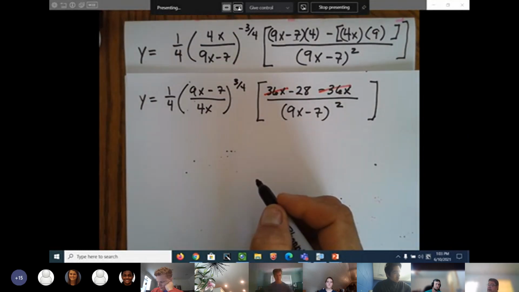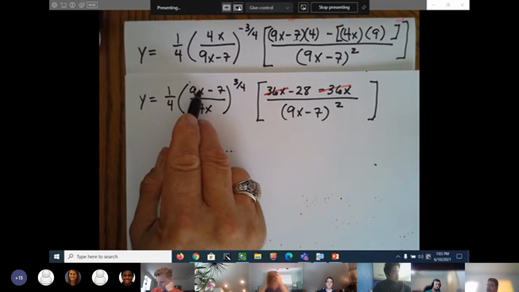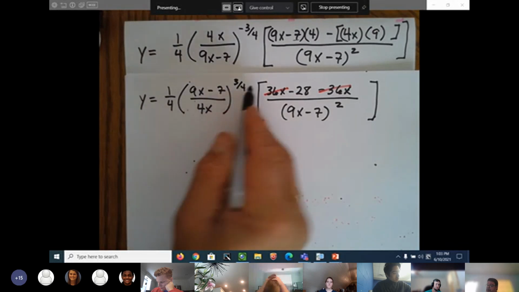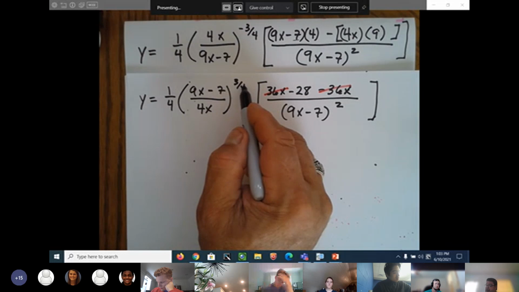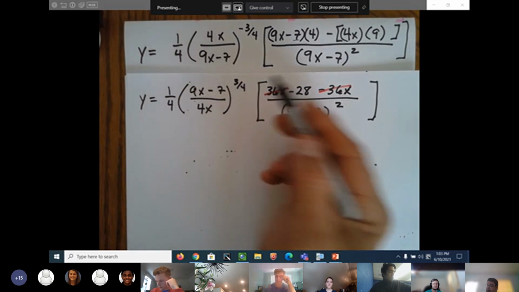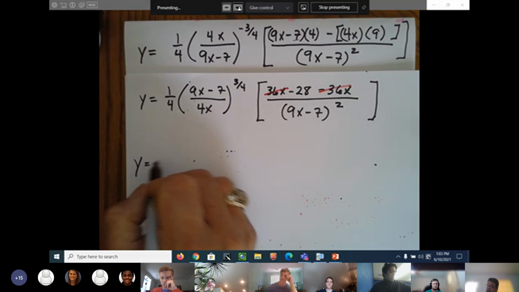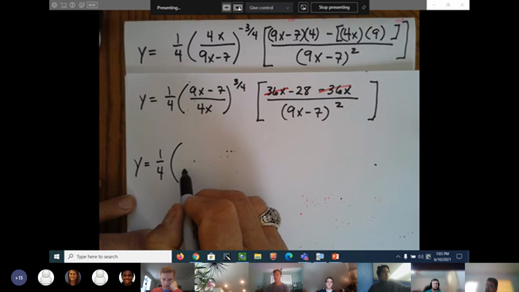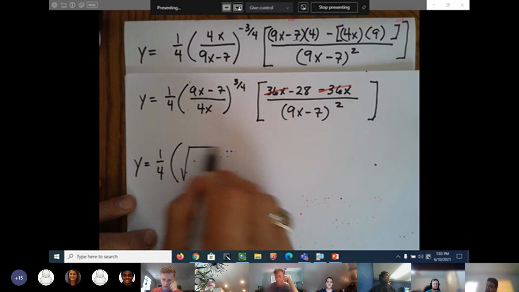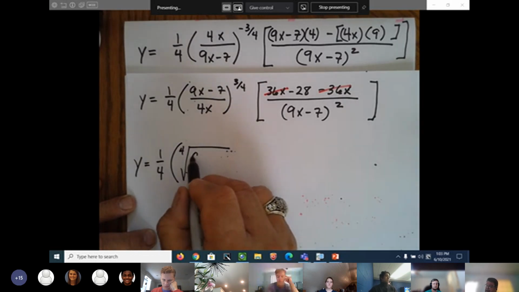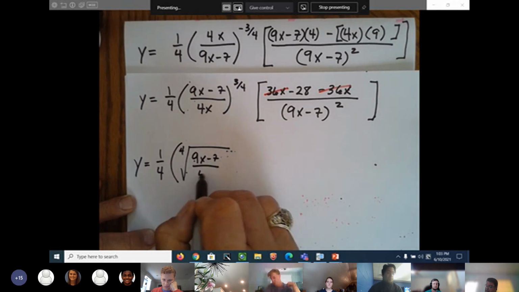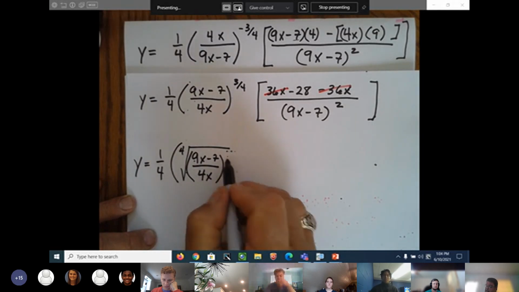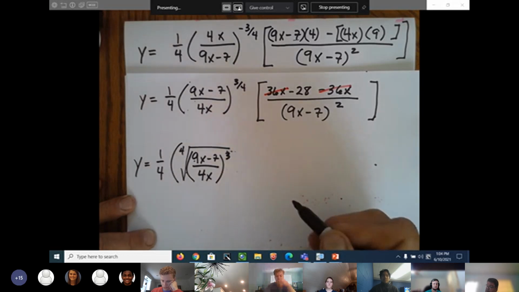And let's see. The 1 times this really doesn't change. Well, we got, this is exponent over index. So we're talking about y is equal to 1/4 times the 4th root of 9x minus 7 over 4x raised to the 3rd power. I don't think that's going to do anything.